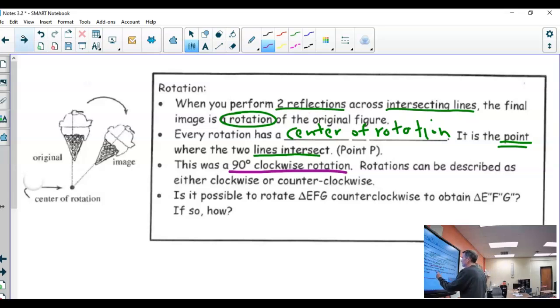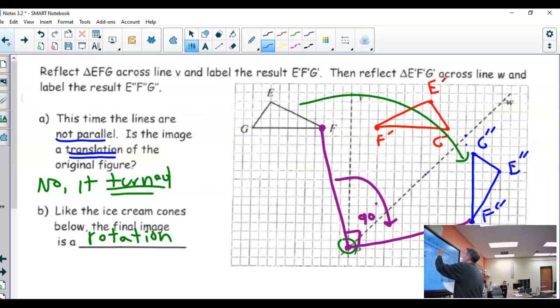Is it possible to rotate the original triangle counterclockwise and get the same one? Could I go the other direction? Well, I could. I could take this and rotate it all the way around this way. Do you know how many degrees that would be?